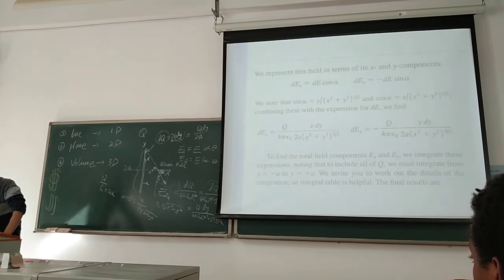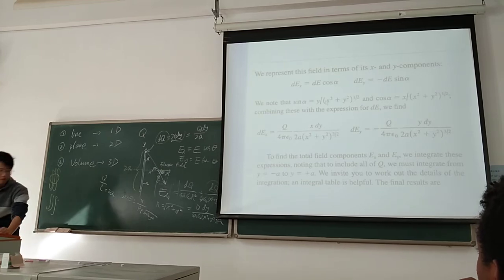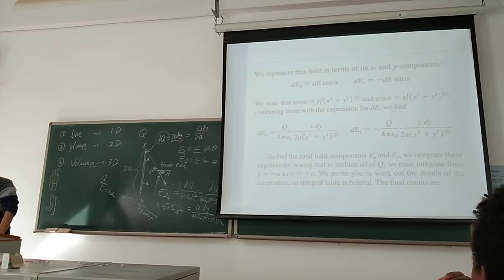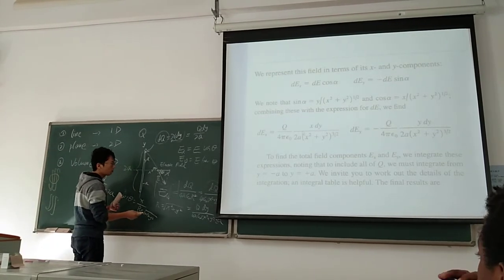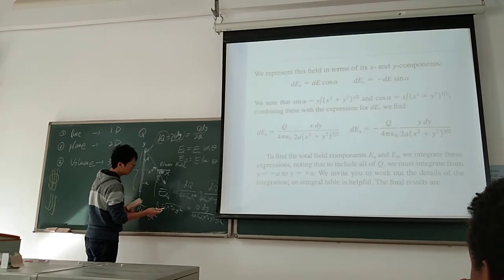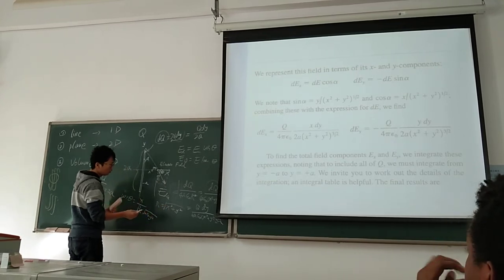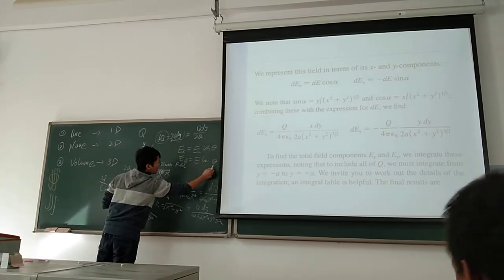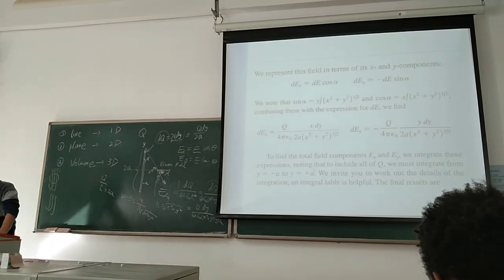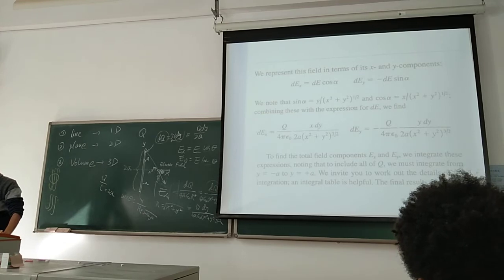The cosine theta or the sine theta can be represented by x and y. So then we do the replacement of the cosine theta and the sine theta with x and y, and the final result is shown here. dEx equals this one part, and dEy equals this one.